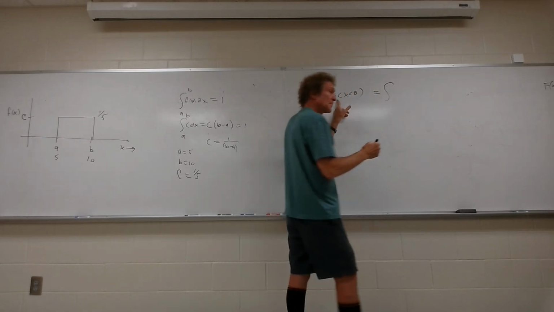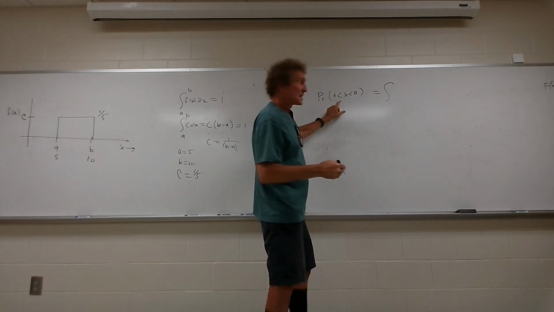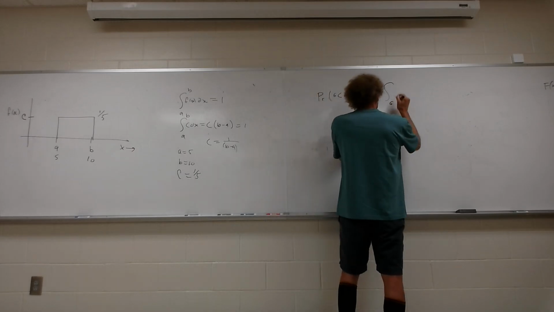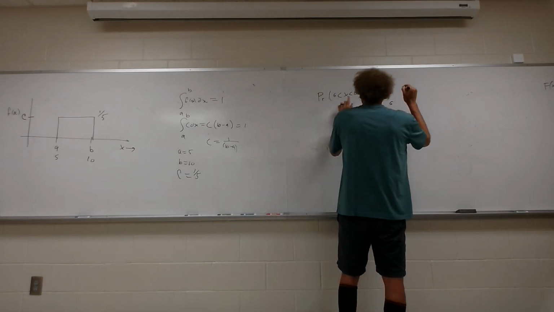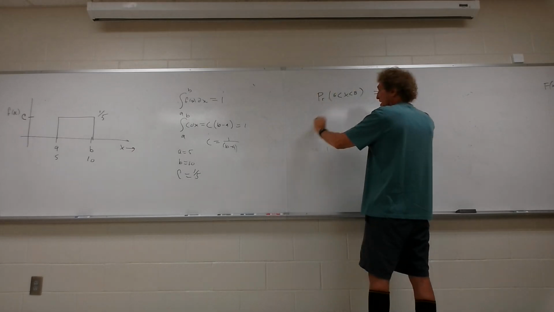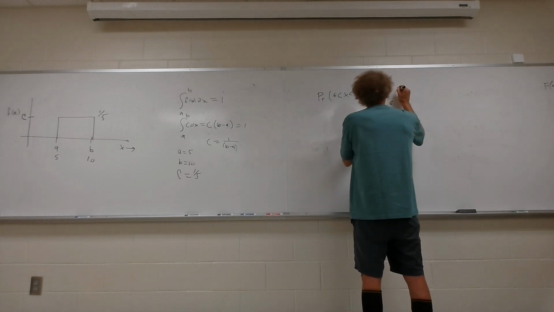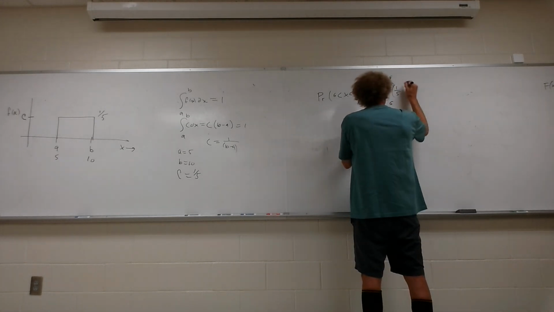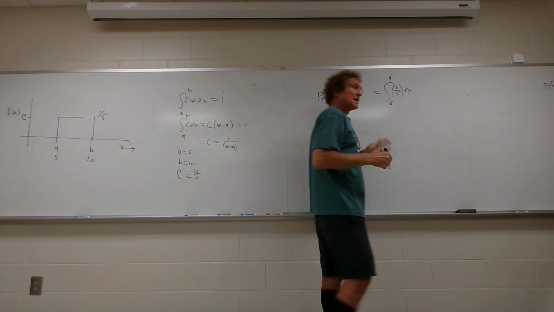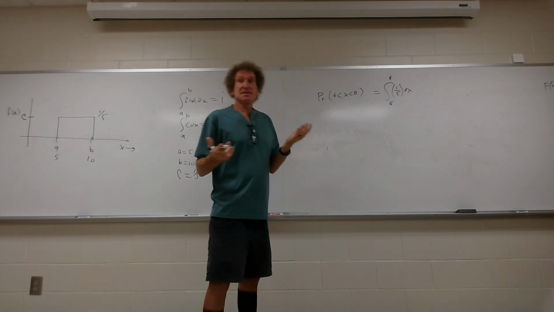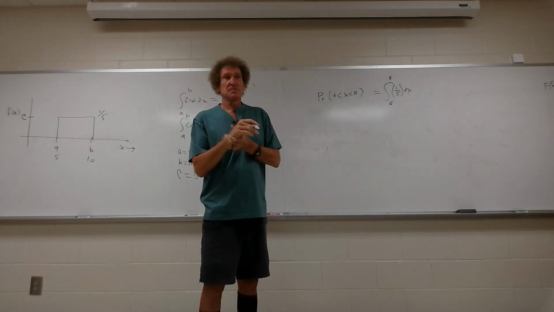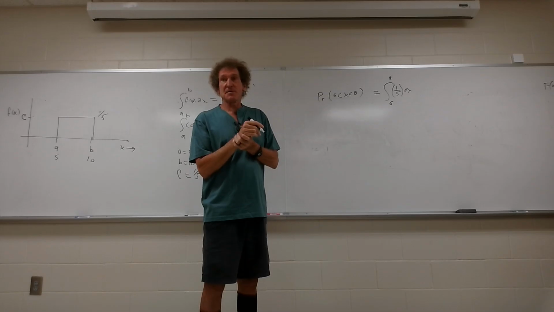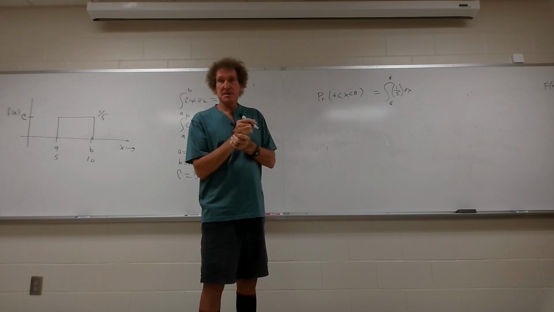Well, it'd be the integral from the lower limit, correct, class? 6 to the upper limit, 8, of f of x, and f of x is simply 1/5 dx. Y'all follow me? The probability density is a constant. It will vary generally. Most of the time, it's a function of x in some way.